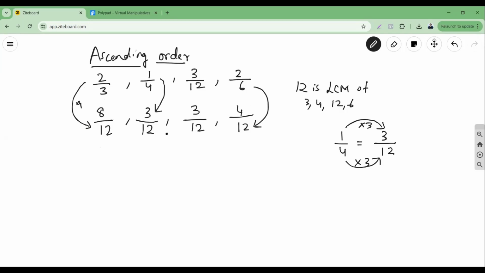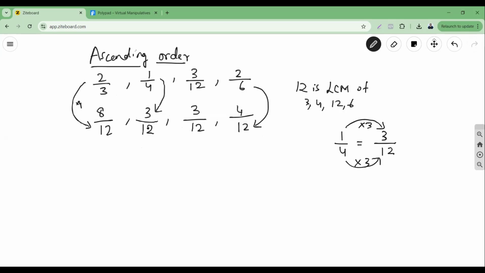Now all of these fractions, I have written some equal value of it, but now all the denominators are the same. What did we learn in the previous video? When the denominators are the same, we can just compare the numerators and then decide the smallest one.